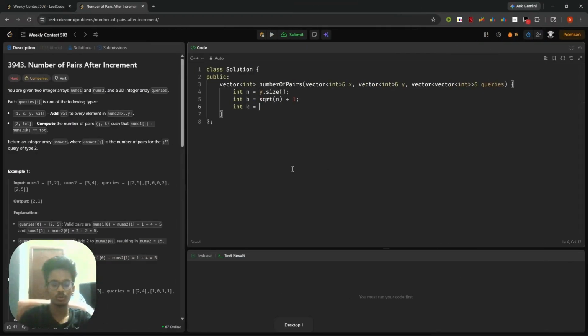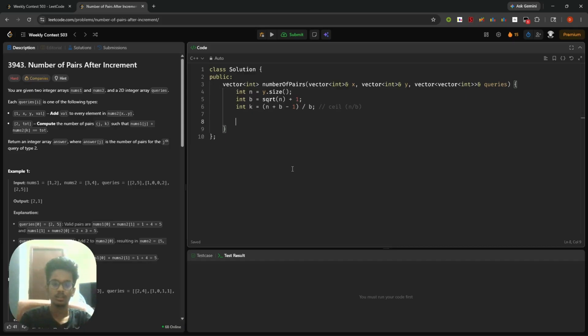So the number of blocks, which is k, is equal to ceil of n by b. You may already know this, people who have solved Koko Eating Bananas.